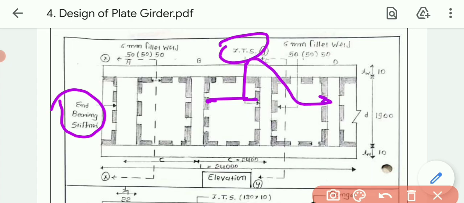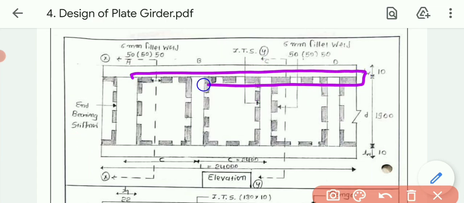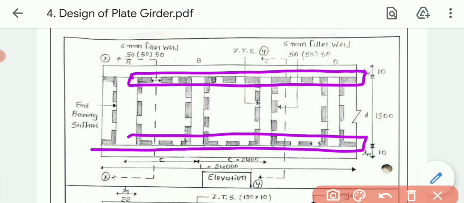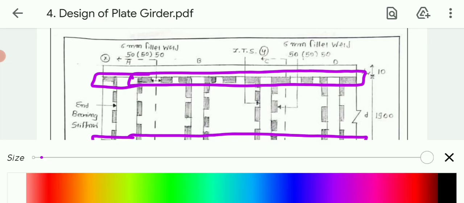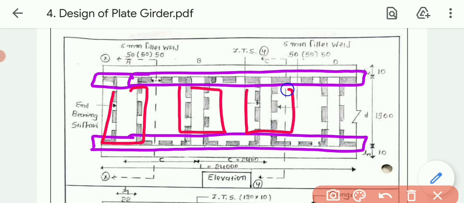These are our ITS. Now these are the welding which we have provided in step number 11 to connect the web with the flange. Then these are the welding you can see of step number 12, which connect the web with the stiffener.